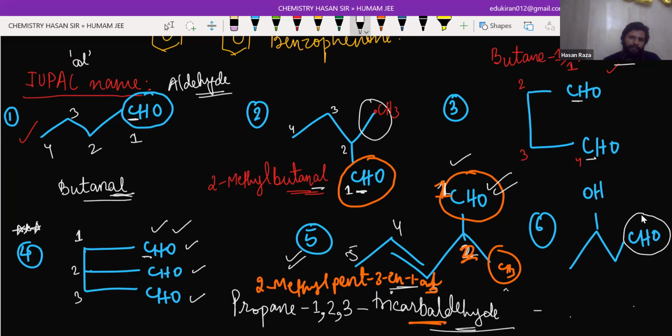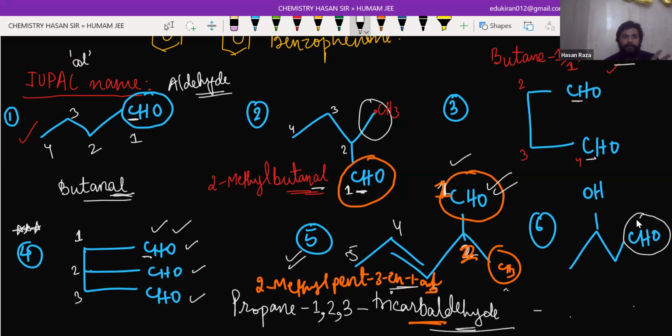Aldehyde is senior. Whenever more than one functional group is there, you just need to decide which one is senior. After deciding that, if aldehyde becomes senior here, then the rest of the functional groups will be treated as branches.